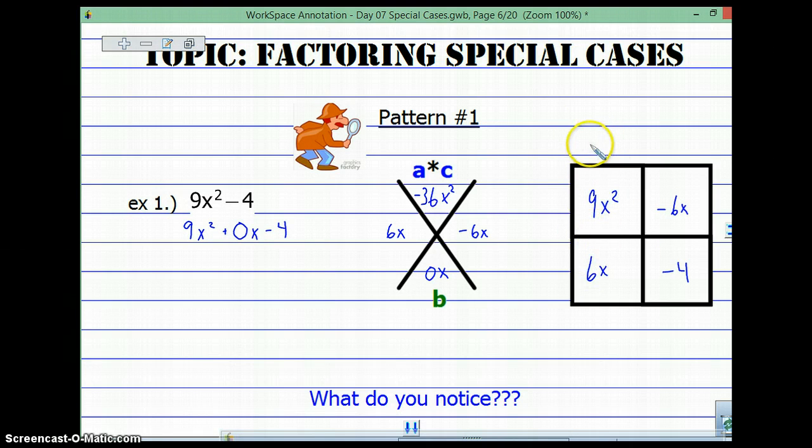We do the greatest common factor of each column and each row. We end up with 3x minus 2, 3x plus 2. See a pattern?